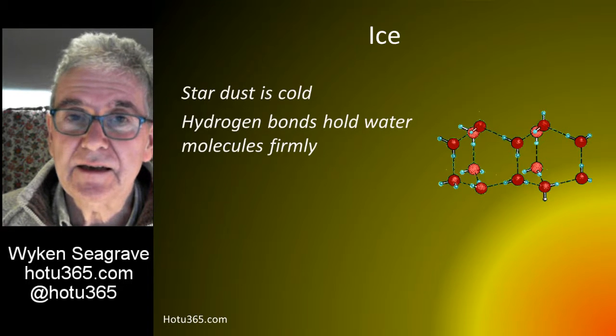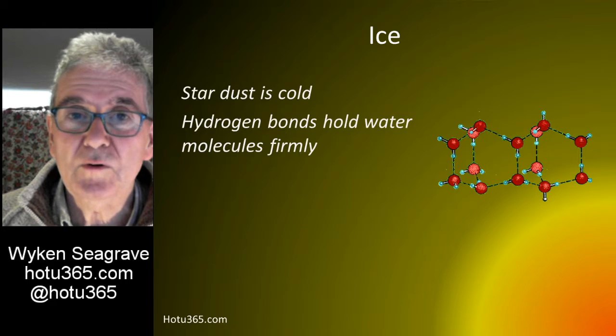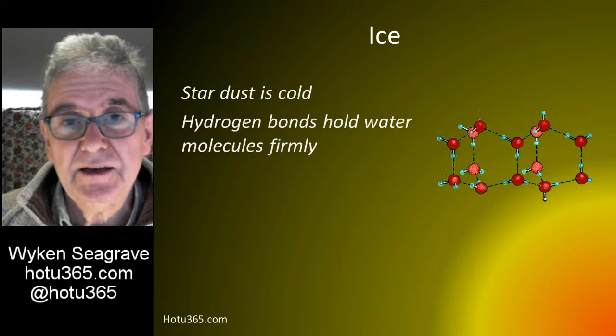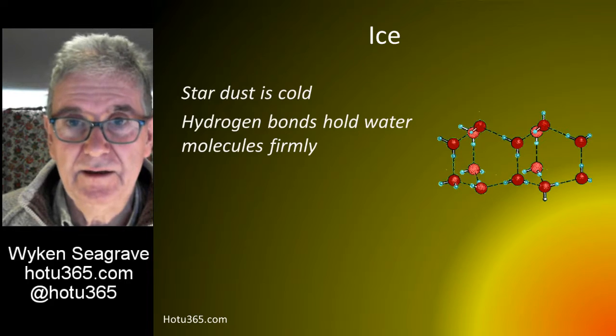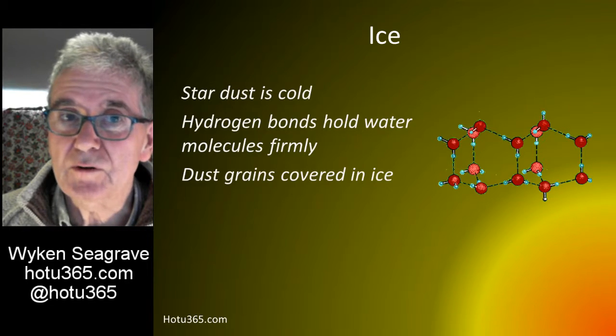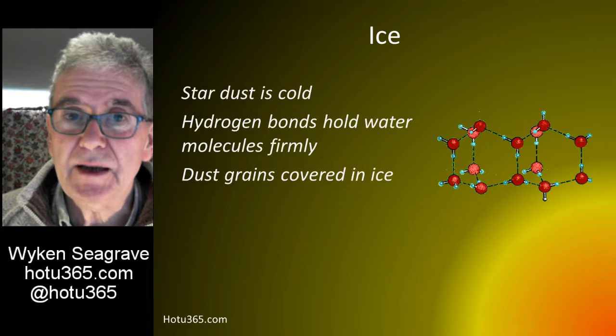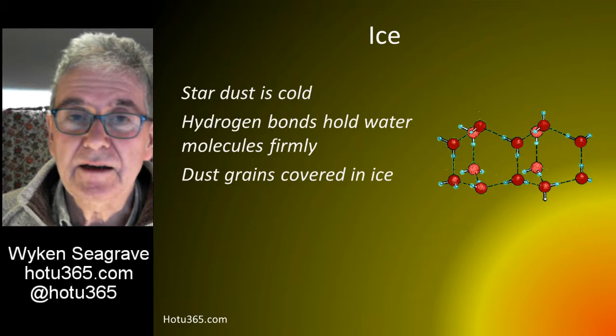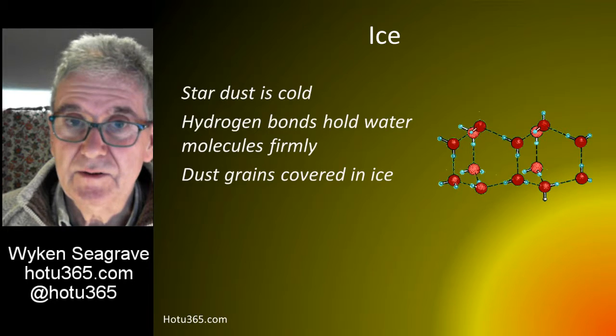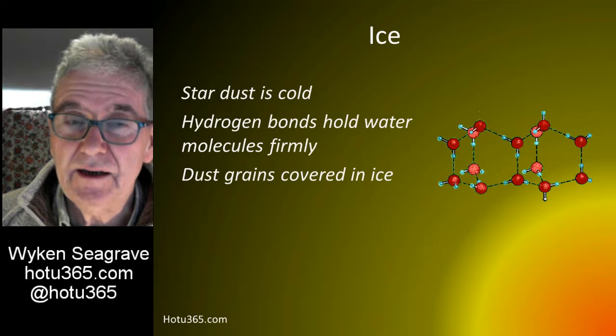then this hydrogen bond is relatively strong and it can hold water molecules into a rigid pattern, and this is what we call ice. So dust grains became covered in layers of ice, water ice as we see here, and there were other kinds of ice as well.